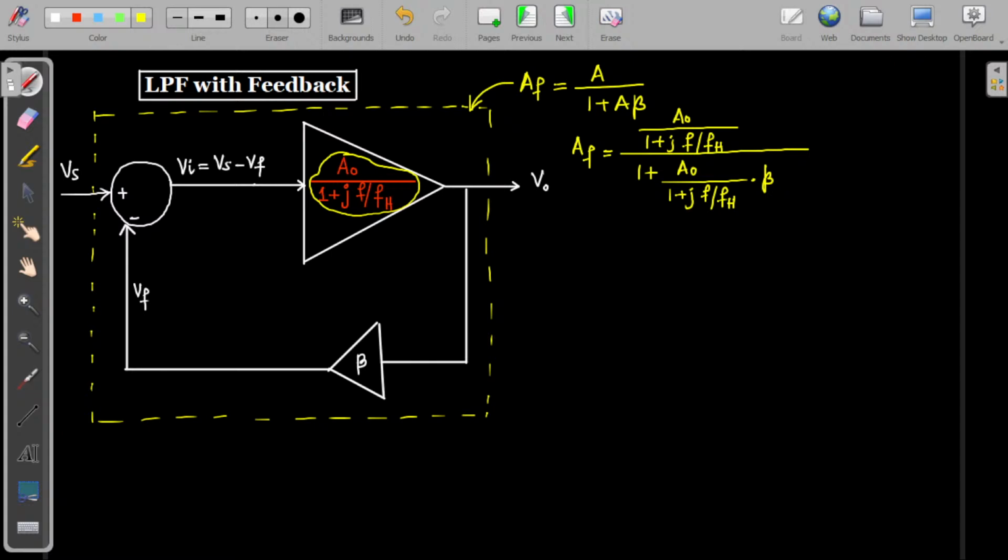Now if we simplify it mathematically, what will we get? We will get like this. Let us write this equation in this pattern: in the numerator your A0, and in the denominator we can write 1 plus jf divided by FH plus A0 into beta.